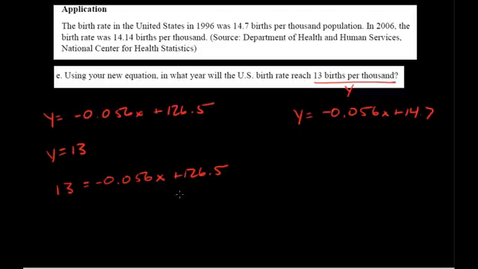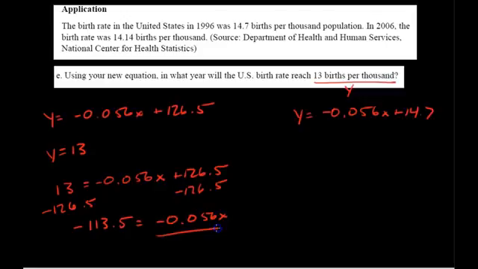I'm going to subtract 126.5 from both sides. Let me use my calculator here. 13 minus 126.5, and we get negative 113.5 is equal to negative 0.056x. Divide both sides by negative 0.056.